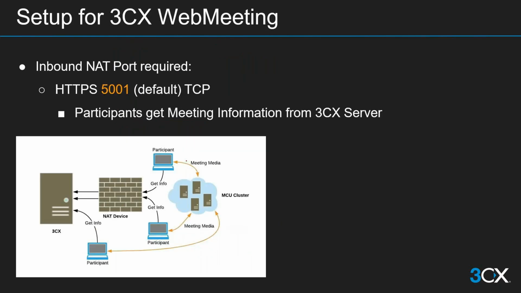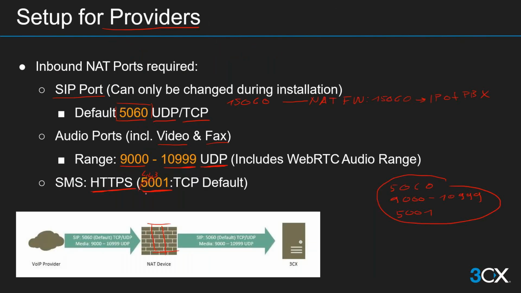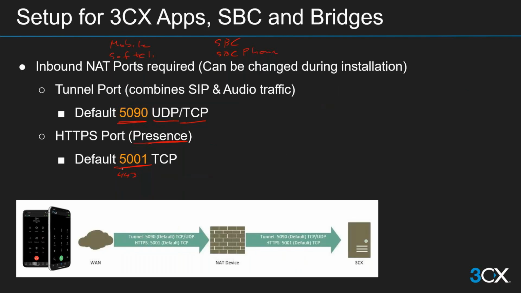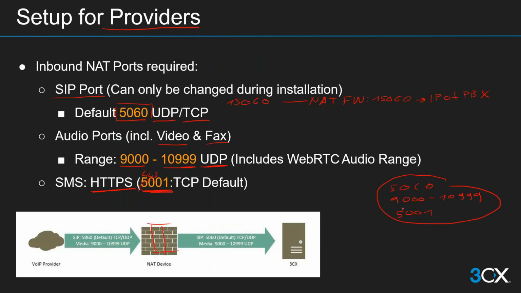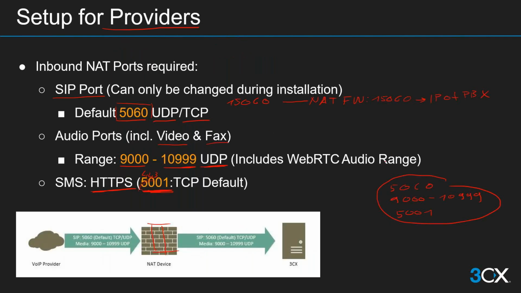Now, 3.6 web meeting. Inbound NAT port required HTTPS 5001. So if we go back, HTTPS is already here. Yeah, we use HTTPS here. So you see, it's one of those that I said is a part of that. New to the ones that we have here, we added 5090.